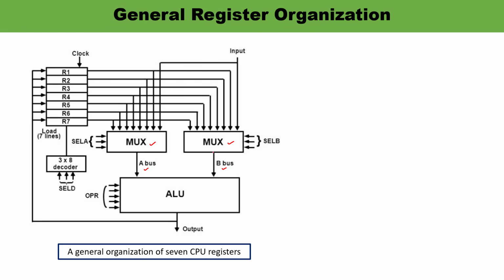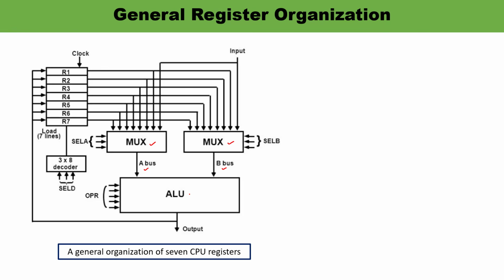The selection lines in each multiplexer are SELA and SELB: selection lines for A, selection lines for B. These selection lines select one register or the input data for the particular bus. As you can see, there are two buses, A bus and B bus.